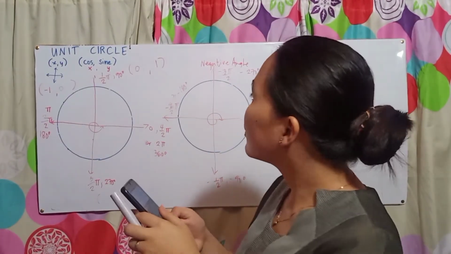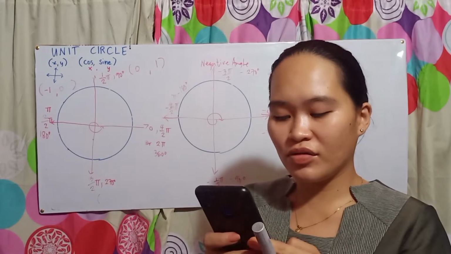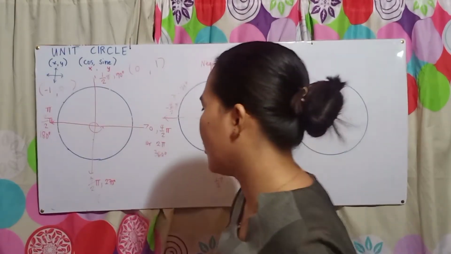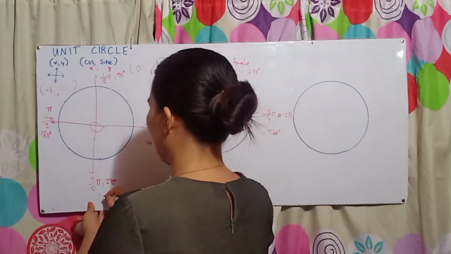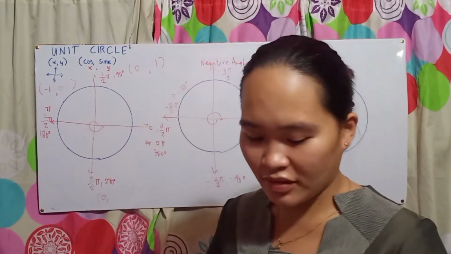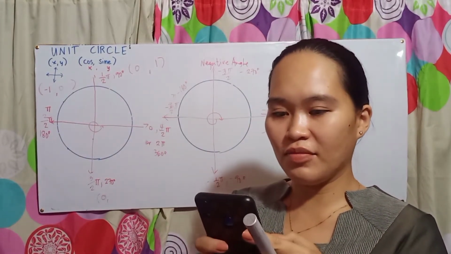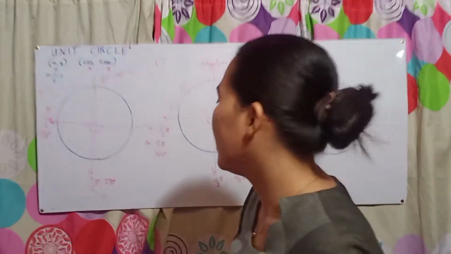Cos 270 is 0. Then sin 270 is negative 1.